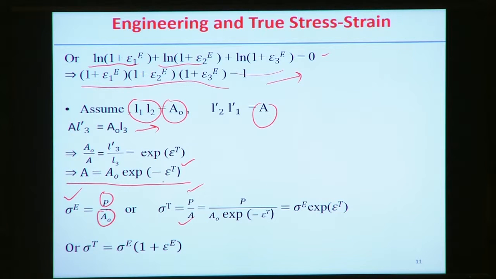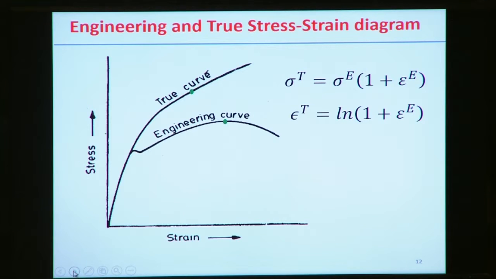Then we can put in the expression of this cross section area, and find the relation between the true stress and engineering stress in terms of the true strain, or true stress in terms of engineering stress and engineering strain. So this correlation between engineering stress and engineering strain is very helpful for further calculation.